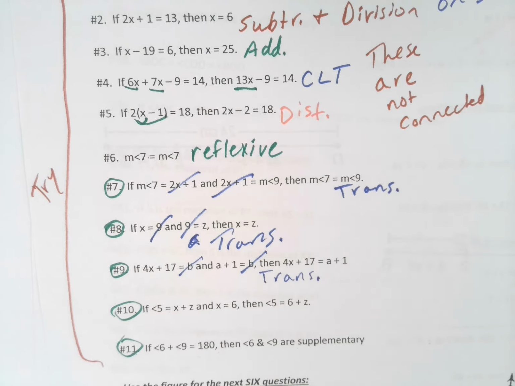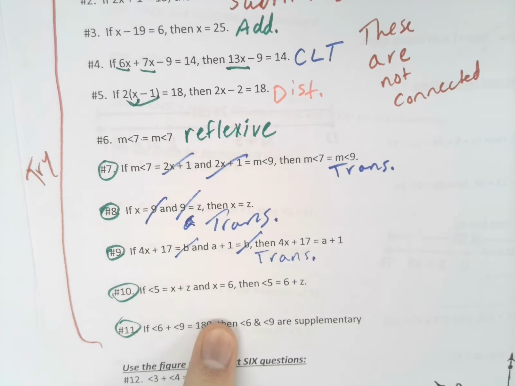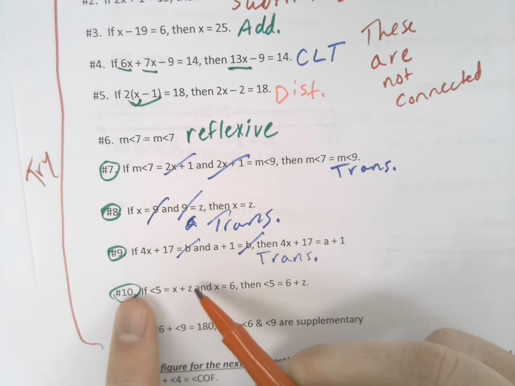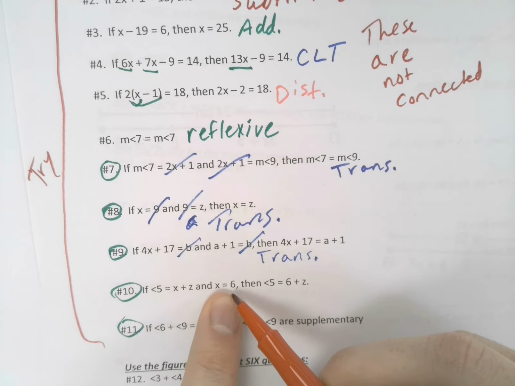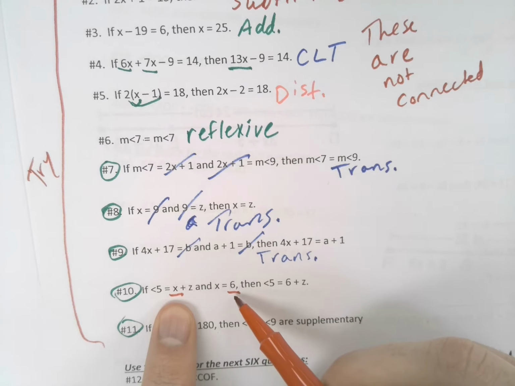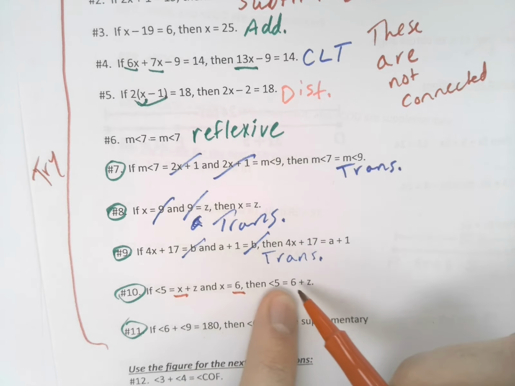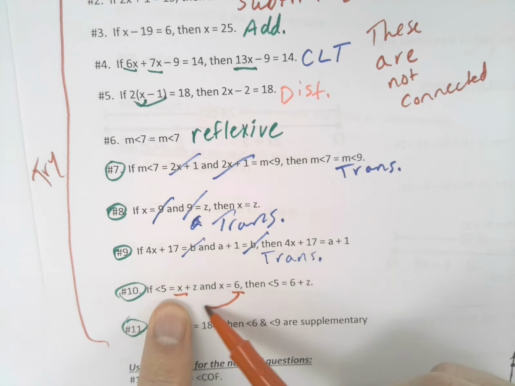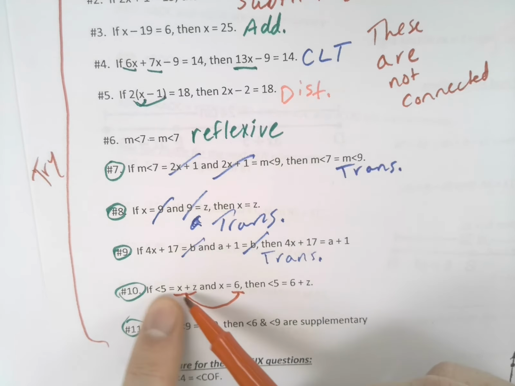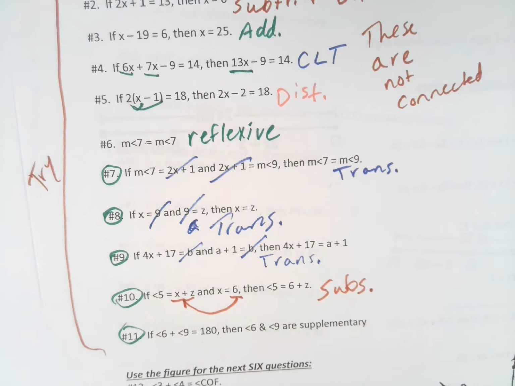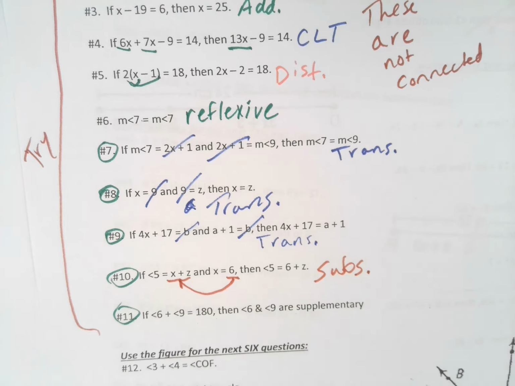As opposed to, check out number 10. If angle 5 equals x plus z, and a piece of this equation, x, is really equal to 6, you notice how they're not the same thing here, then really angle 5 is equal to 6 plus z. So what happened here? We substituted in 6 for x. That is substitution. And then last one, this one's a little weird.